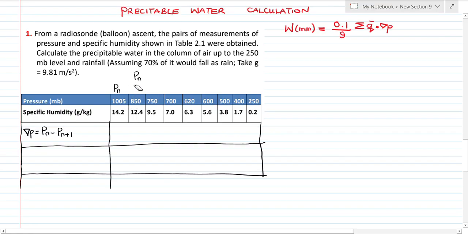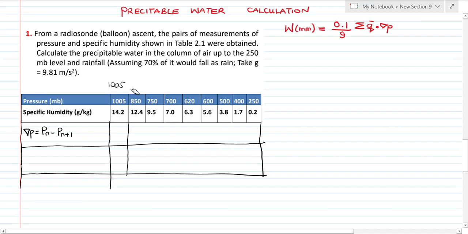Now here, the question asks us to find up to the 250. So we are going to end at the 250 mark. Very important. You need to know that. First of all, we do the first one, Pn minus Pn plus 1. So my Pn is 1005 minus my 850, right?